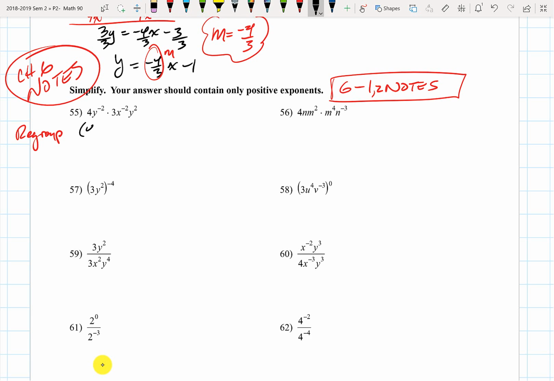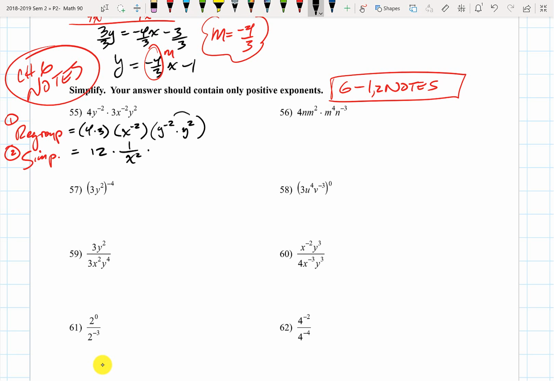4 times 3 is equal to 4 times 3, and then x to the negative 2 times y to the negative 2 times y to the second. So you regroup, step 1. Step 2, and if you look at your notes, we did this, by the way. I'm doing it the same way as I taught you. 4 times 3 is 12. This is 1 over x squared, you got to rewrite. And you got to add your exponents when you multiply like bases. So this is y to the negative 2 plus 2, which is 0.